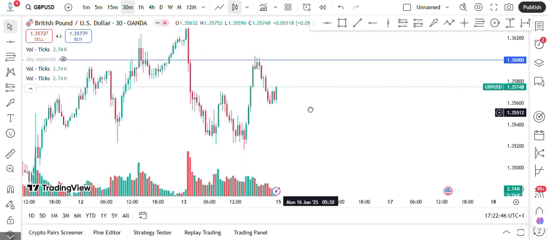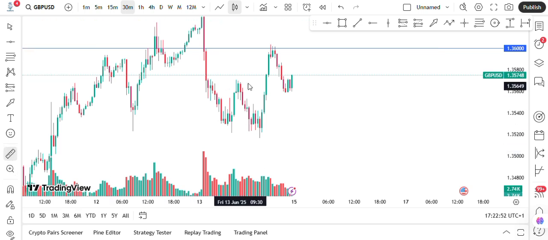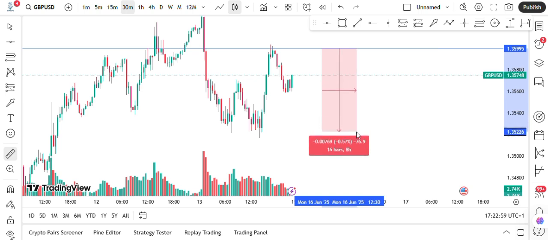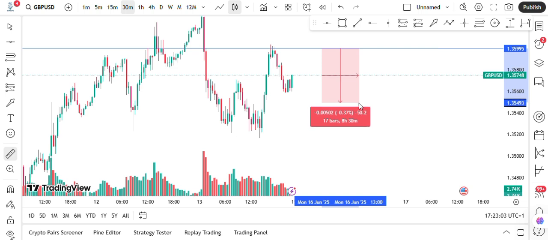So the next thing is 50 pips gap. So what do we do? We go on this ruler line, put it here, and then measure. We are looking for 50 pips. So this is 50 pips.